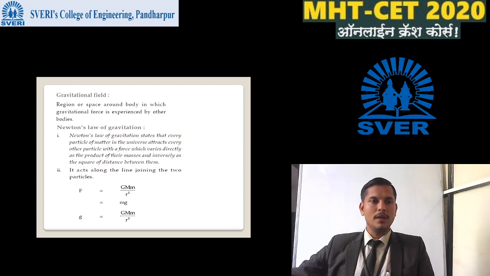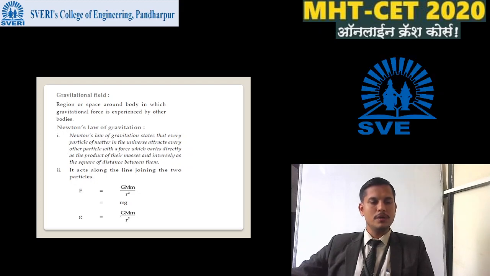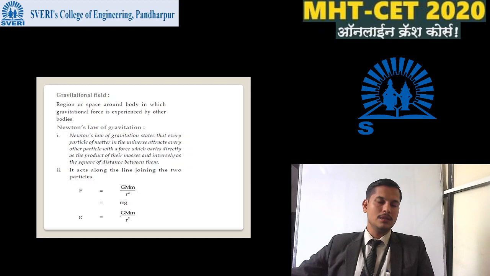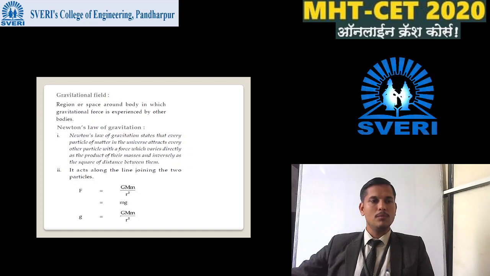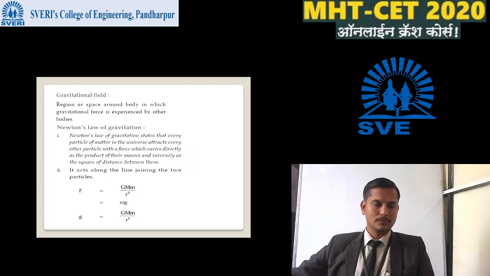For example, if we take Earth, that region or space around Earth, in which gravitational force is experienced by other bodies like the Moon, the satellite of Earth. That experienced gravitational force around that body is called a gravitational field.